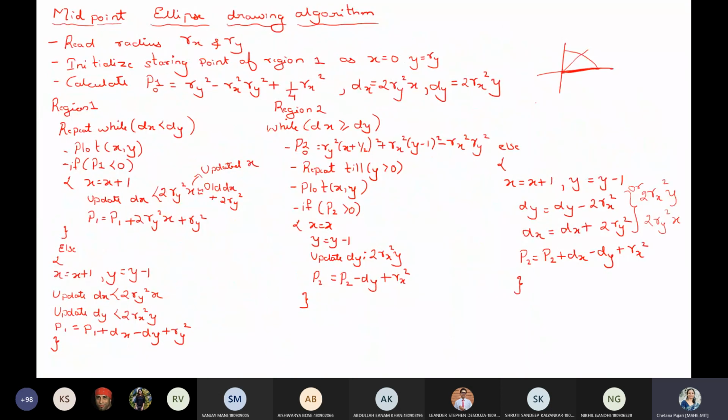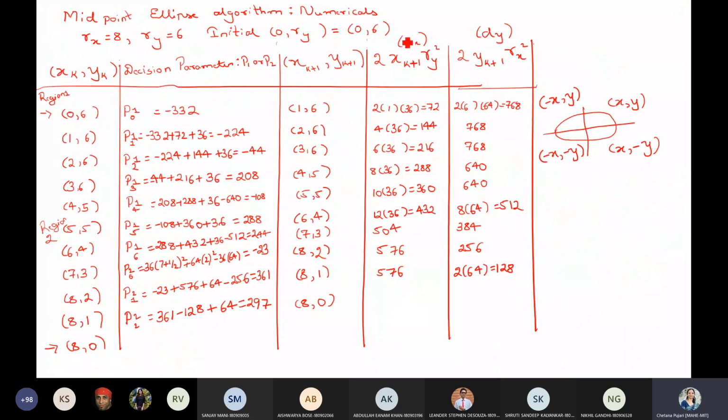For dy, what happens here is we are taking the new value of x, which is 1.